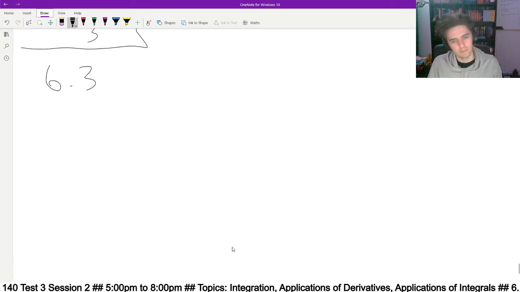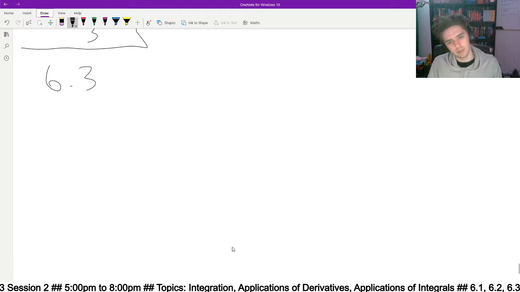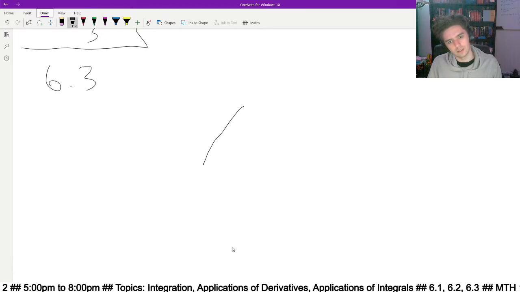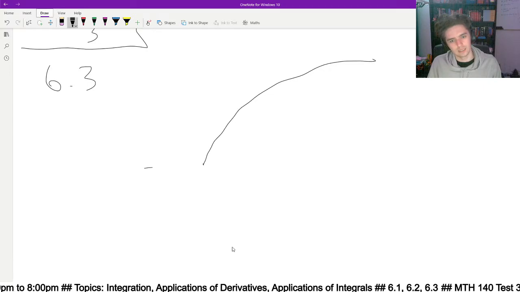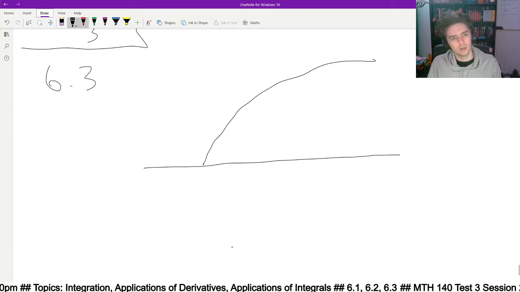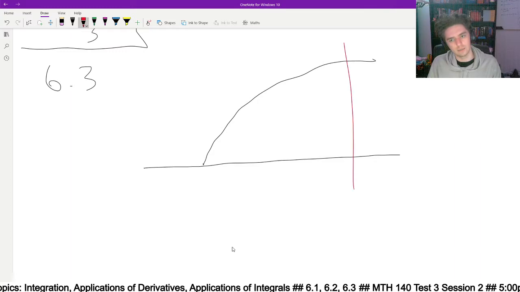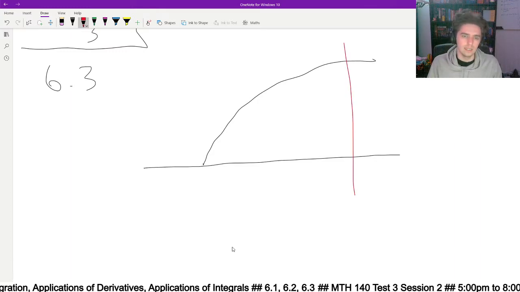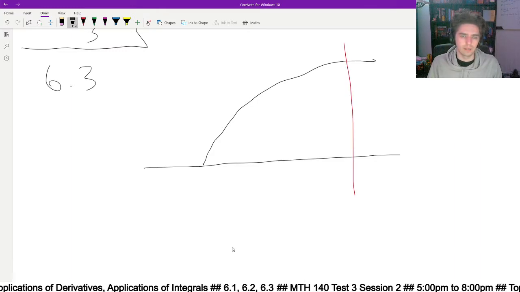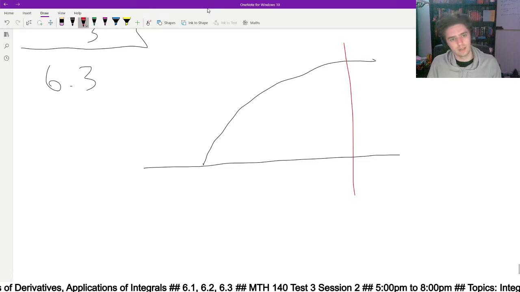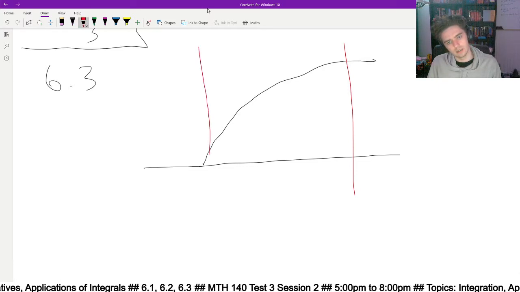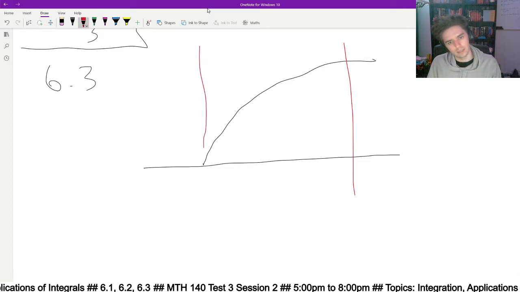cylindrical shells. So if I'm determining a volume like this, let's do our root x because root x is nice, right? Let's say I want to find the volume of this rotated around the y-axis.